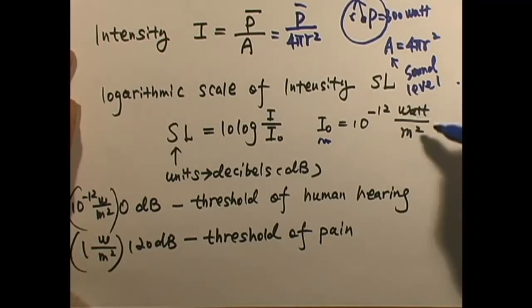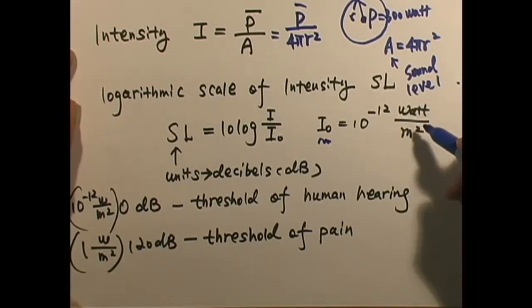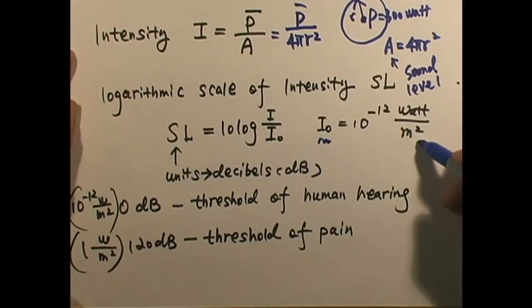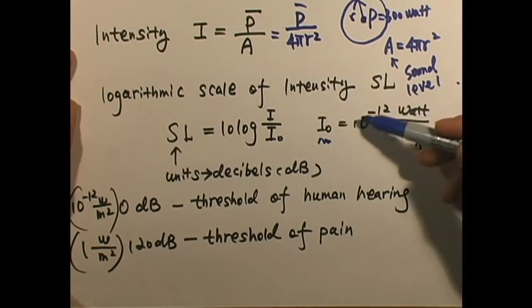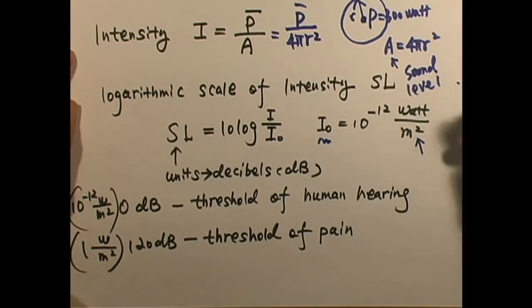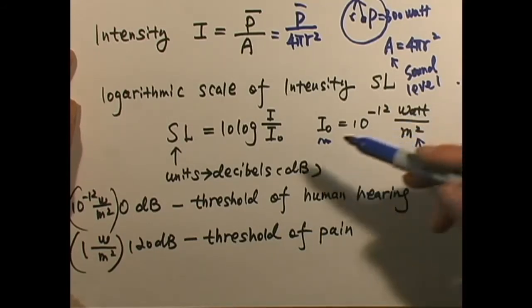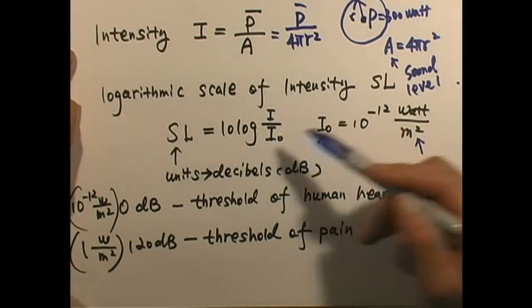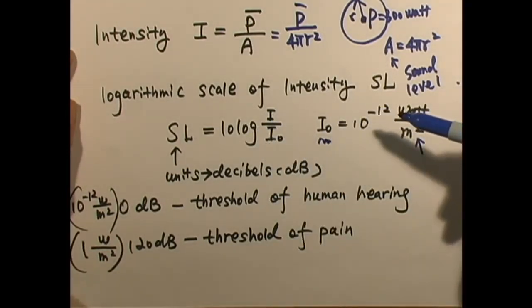That is because this is the threshold of human hearing, which means if our eardrum can receive an intensity of 10 to the negative 12 watt per meter squared, we will be able to hear it. That's defined as the faintest sound. So the ratio of any intensity over that reference intensity gives us an idea of how loud the sound is.